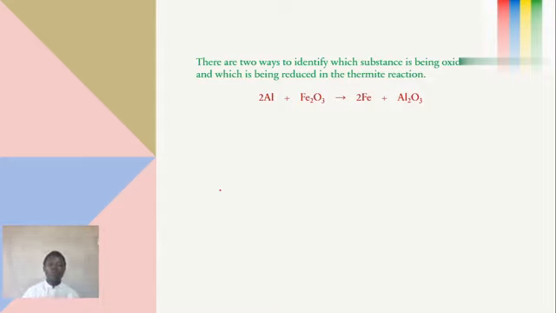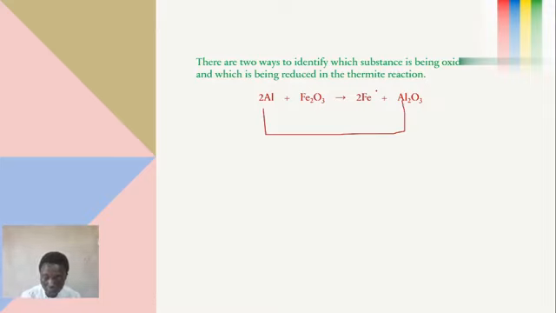So this is more balanced now, so let's go. From here to this, here is just aluminum. Oxygen has been added. What does that mean?